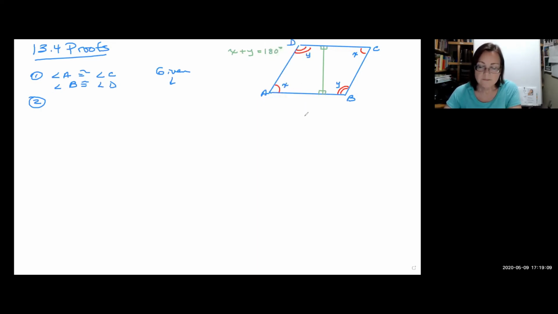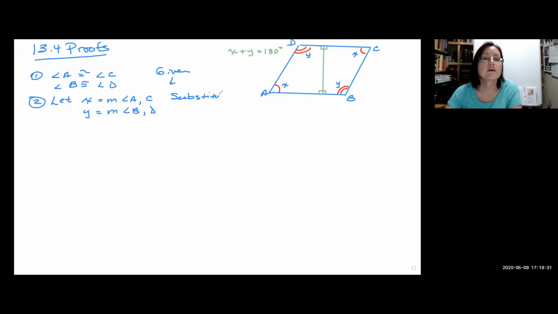All right, I'm going to start by saying I first have to define that x is equal to the measure of angles A and C, and then y is equal to the measures of angles B and D. I can do that by algebraic substitution.